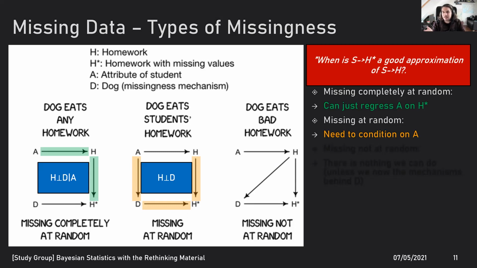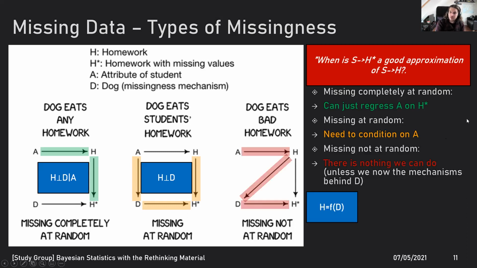In this case, we could make the case that students who study a lot neglect their dogs, and then the dogs are bored, and then they eat the homework. This could be a causal path that we're talking about here. In this case, we need to condition on something to close the backdoor path. And what we need to condition on in this case is, sorry, not A, it should be D.